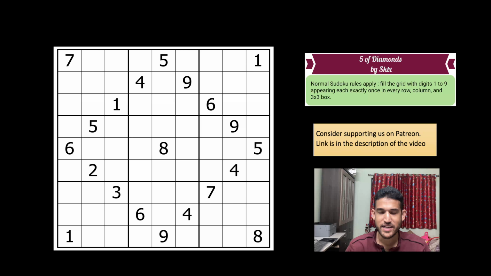I don't remember the exact time, but it was in 2022. Then I was again moving through the list of classics on Logic Masters Germany, and I chanced upon this classic, gave it a try today, and I managed to complete it. Of course, I was not as strong in classic Sudokus in January 2022 as I am today. So I was happy that I could finish this classic today.